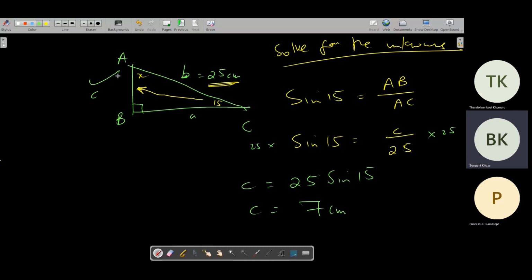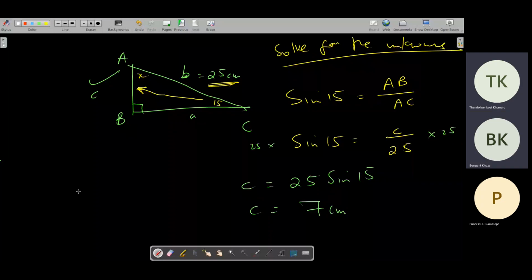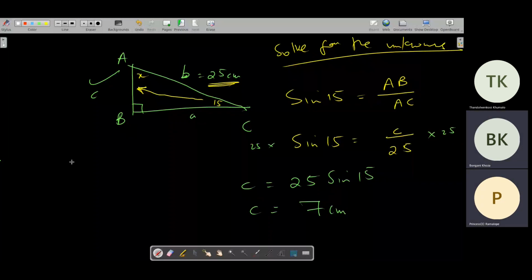All right, so we have solved for C. What other variable can we solve for? X. All right. So X is an angle. So you remember the angles inside a triangle.